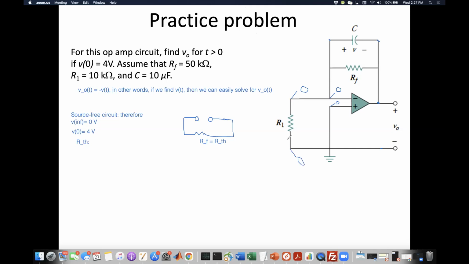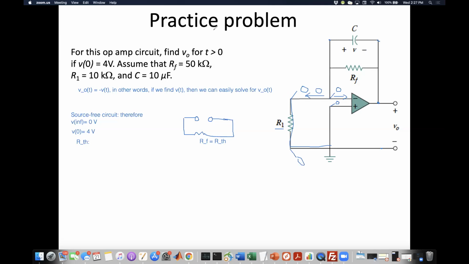And so there cannot be any current through this resistor. It's as if R1 is equal to 0, right? Because there's no other form of resistance. Basically, there's no current over here because of the ideal op amp assumption, and there's no current over here because this node is grounded, and so is this node.